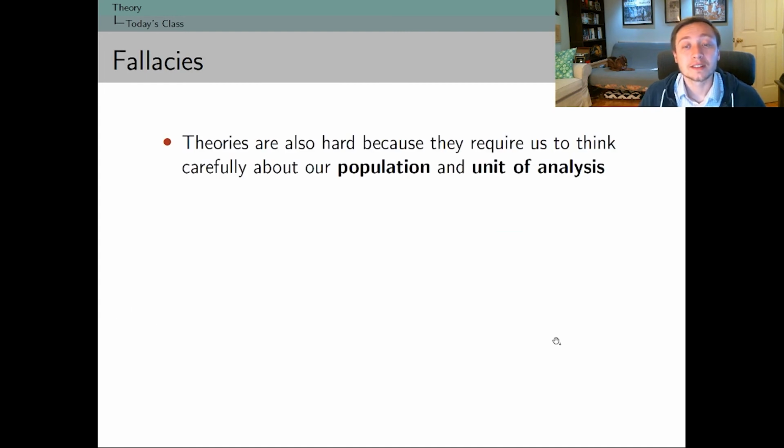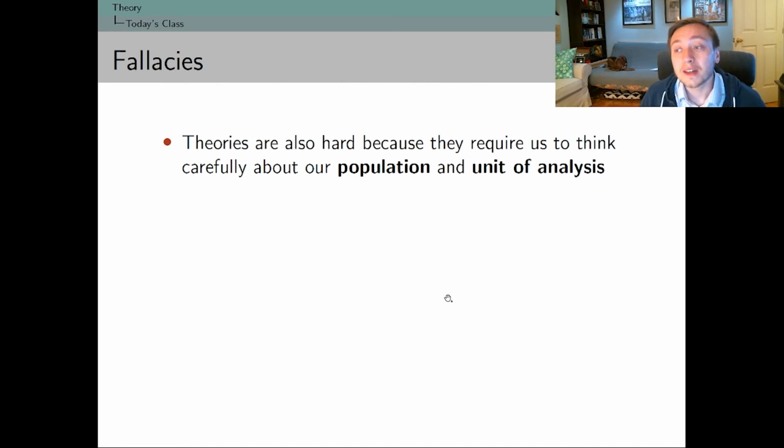So lastly, in this unit, I want to talk a little bit about fallacies. Theories are notoriously difficult to talk about, notoriously difficult to specify, because they also require us to think really carefully about our unit of analysis and how that relates to our population.